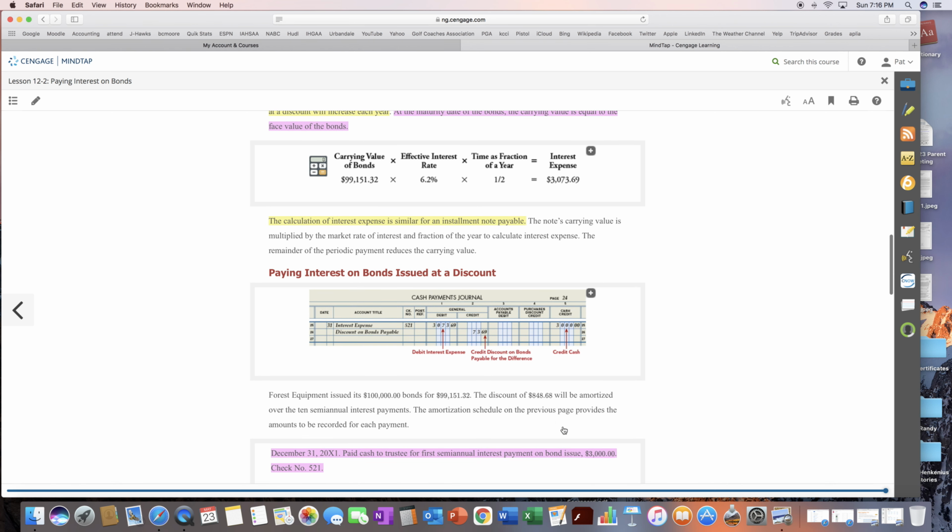All right. And then there's the discount on bonds payable, which is a contra account to bonds payable that we worked with last week. We are now going to credit that because the discount on bonds payable is a contra account that has a normal debit balance. But when we have this extra amount, this discount, it will be credited.